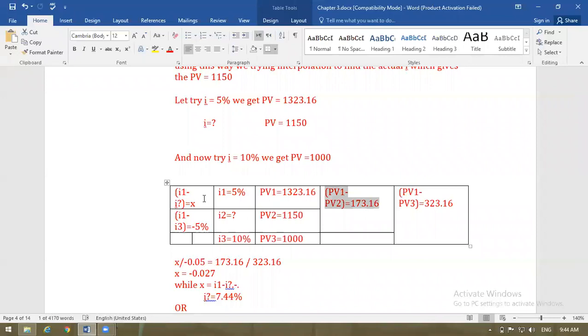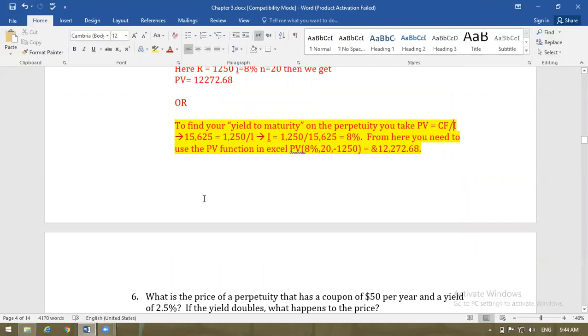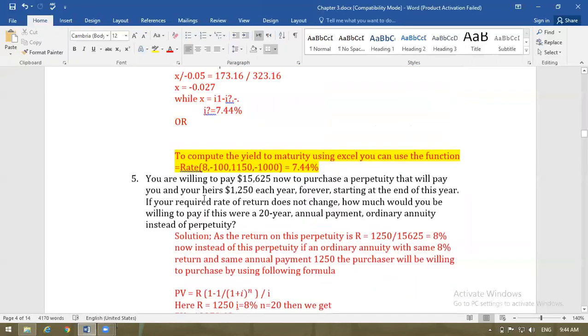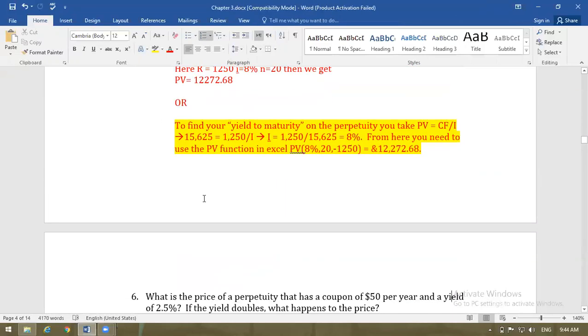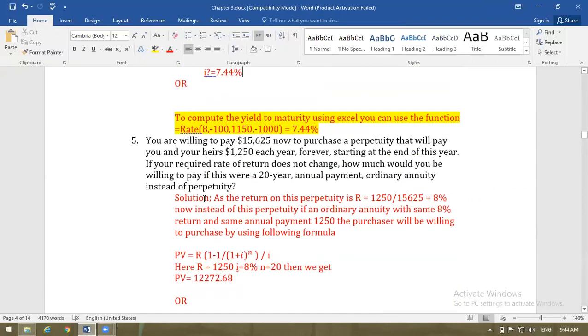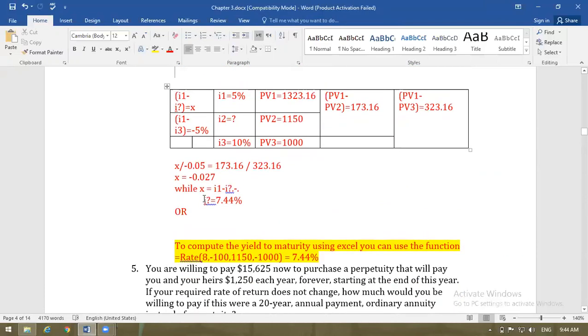Similarly, on the right hand side, the difference between present value 1 minus present value 2 is equal to 173.16, and the difference between present value 1 minus present value 3 is equal to 323.16. Then after that, we are taking the values.